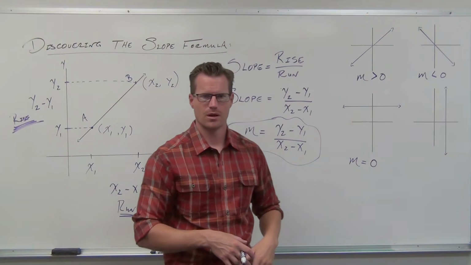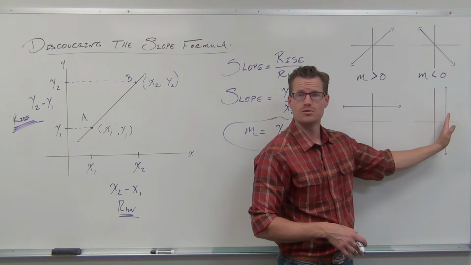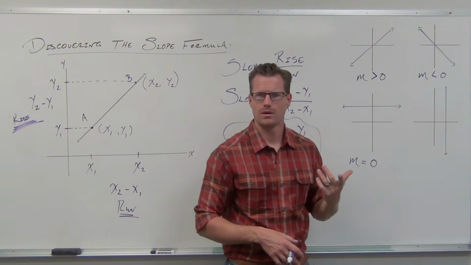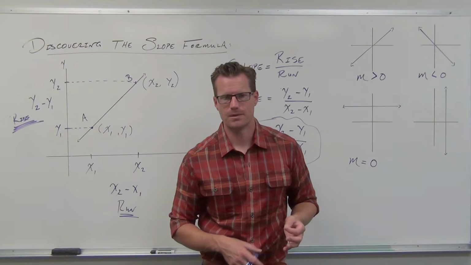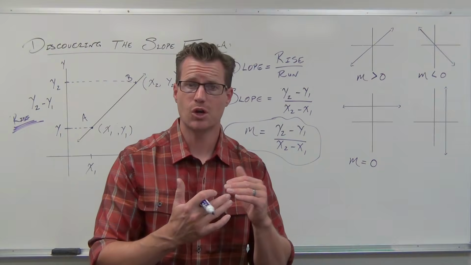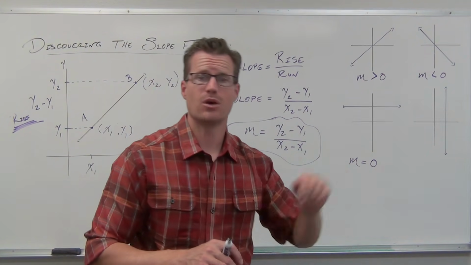It's weird. How much do you go up as you move to the right? Oh, crap. Does the line move to the right? No. Because of that reason, wait a minute. If slope is rise over run, if slope asks, how much do I go up or down compared to how much I go over?